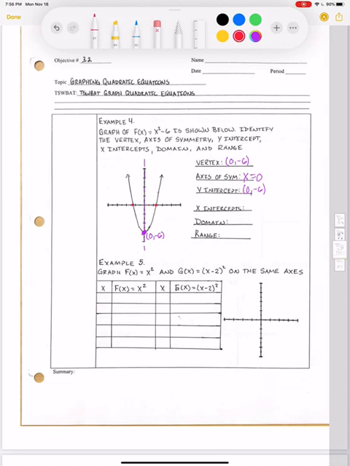So what I need to do is take f of x equals x squared minus 6, change this to a y. And because I'm trying to find an x-intercept, I need to replace y with 0, and I need to solve for x. To solve for x, I would add 6 to both sides.